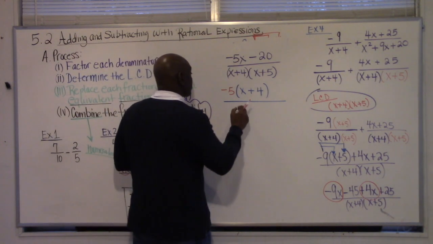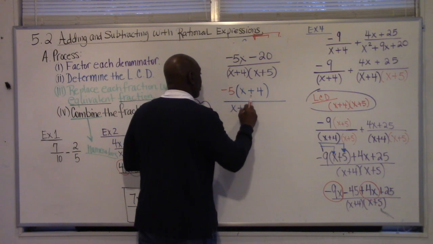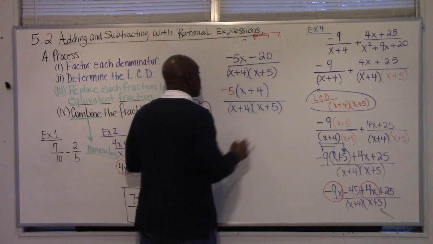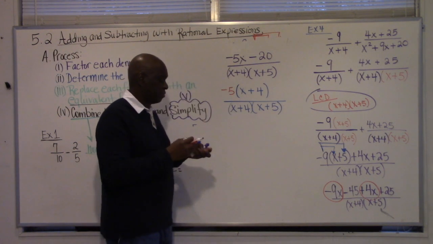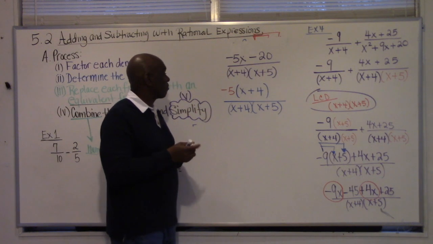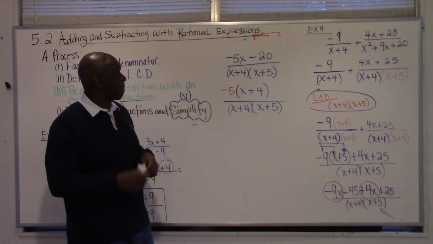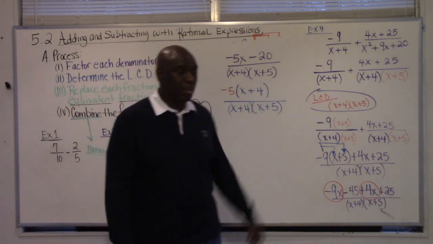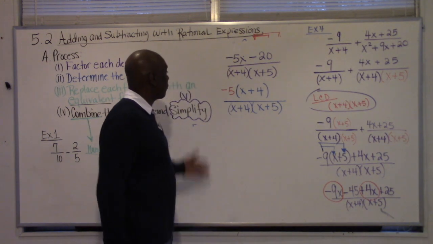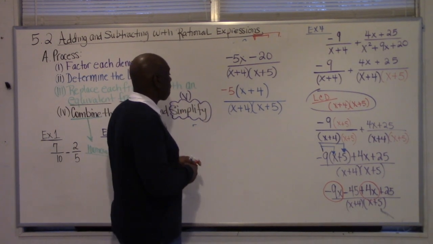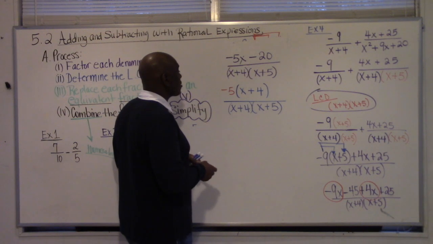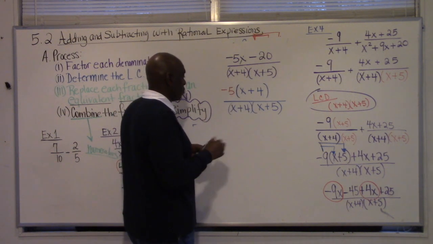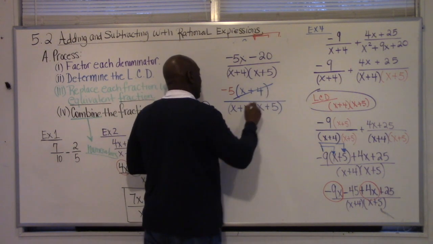Over x plus 4 times x plus 5. So dividing each term in our numerator by -5 is just like multiplying the whole thing by -1/5. By factoring out a -5, we can cancel out x plus 4, top and bottom.